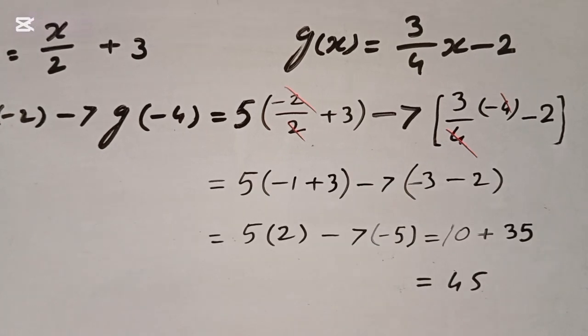Solving it further, opening the bracket comes 5 multiplied by 2, opening the bracket results minus 7 multiplied by minus 5. Now 10 plus 35 results 45.